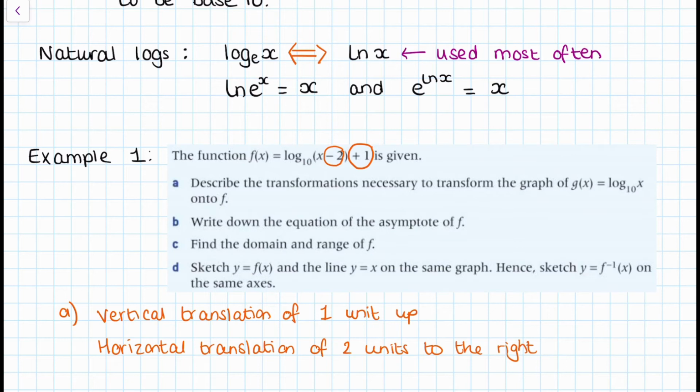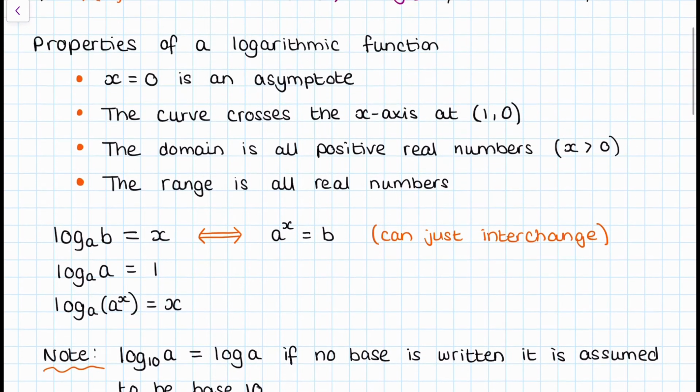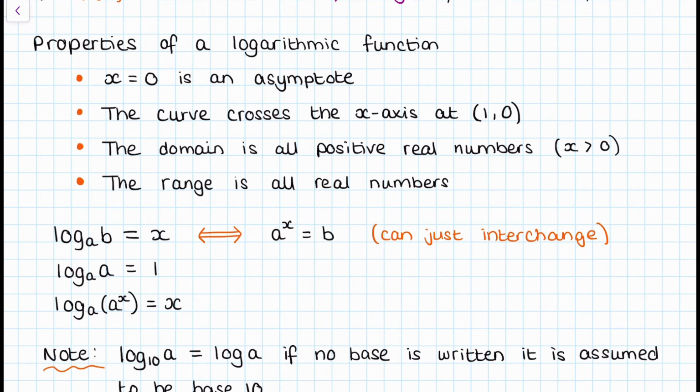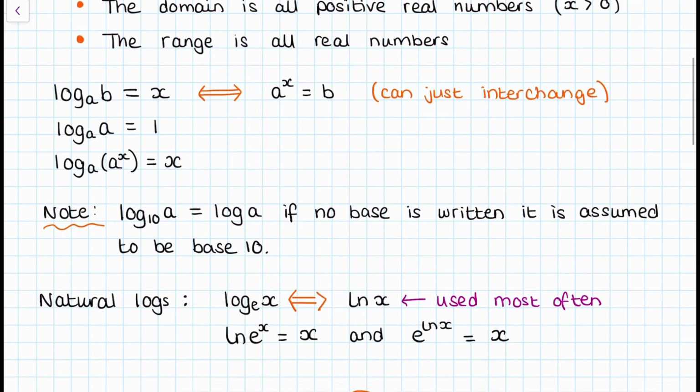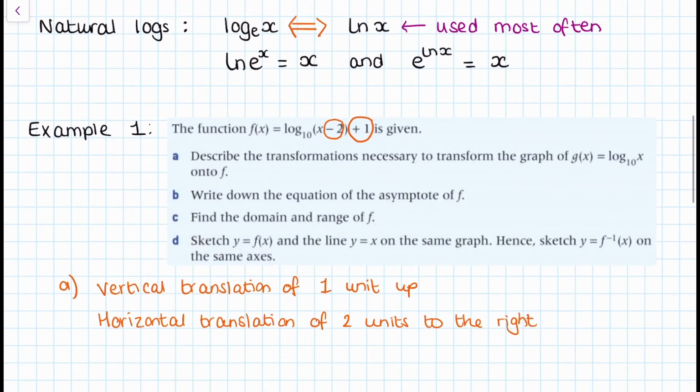Part B, write down the equation of the asymptote of f. So if we scroll back up, we see here x equals 0 is a vertical asymptote. So that vertical asymptote is going to move by 2 units because the minus 2 moves that vertical asymptote 2 units along to the right, which means that asymptote will now be at x equals 2.